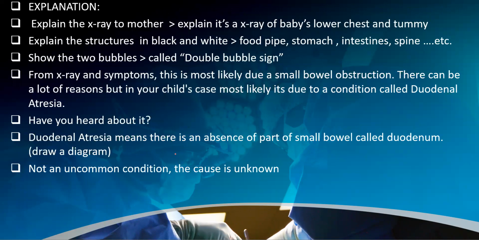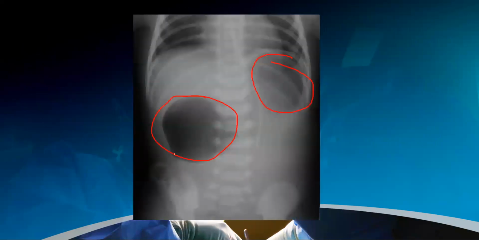So you will say, Janil, this is the X-ray of your baby's lower chest and tummy. In the X-ray, some shadows are whitish and some are blackish.